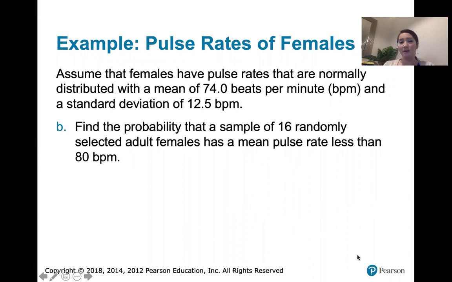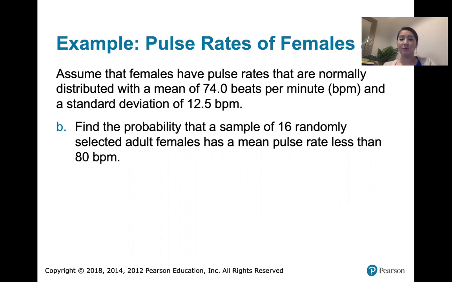Now, because the original population is normally distributed, they told us that in the problem statement up here. Assume females have pulse rates that are normally distributed, etc. That means no matter what sample size we're dealing with, the sample means will be normally distributed as well. So that first requirement is met, even though n is equal to 16 and that's not greater than 30. So we can use the mean of the sample means and the standard deviation of the sample means.